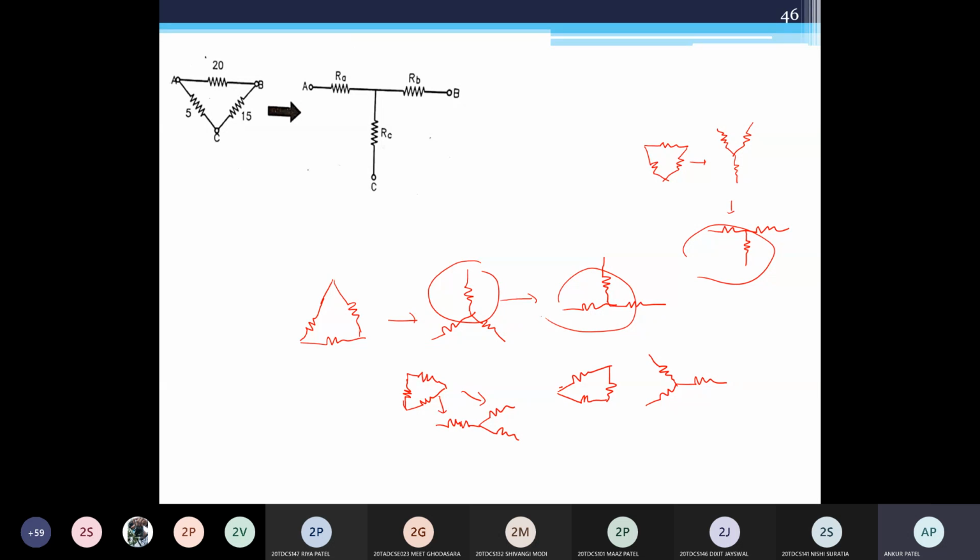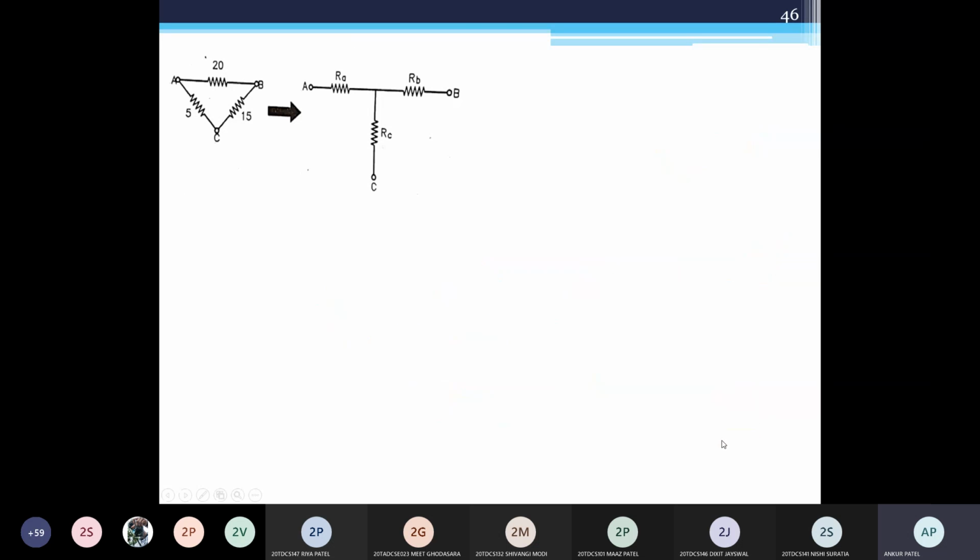Now I am showing you how this is implemented in the circuits. This is your delta to star conversion. We know that in delta to star conversion, RA is equal to RAB into RAC divided by RAB plus RBC plus RAC.